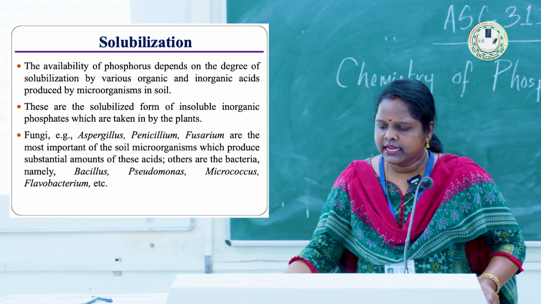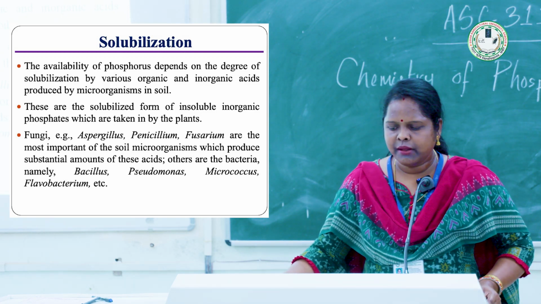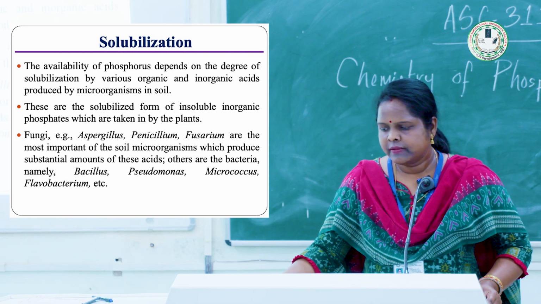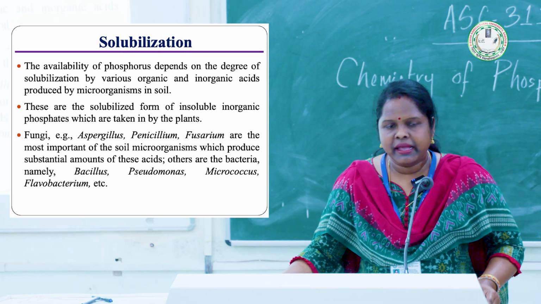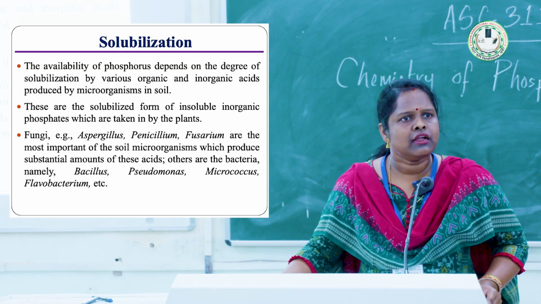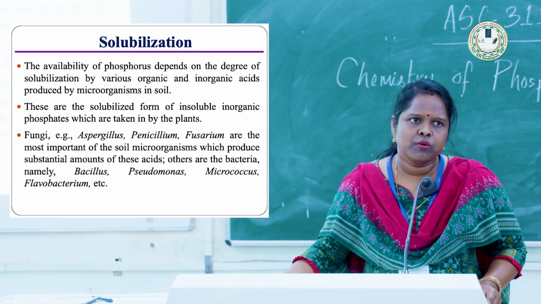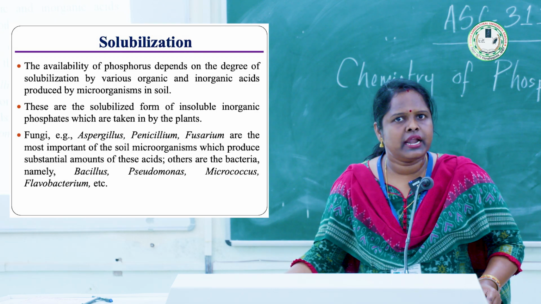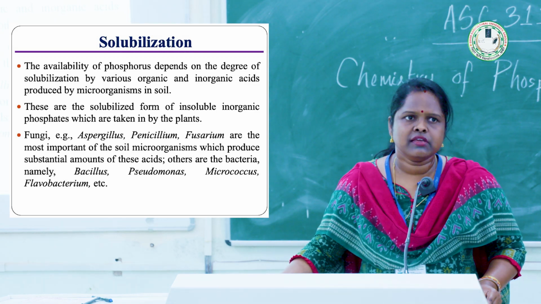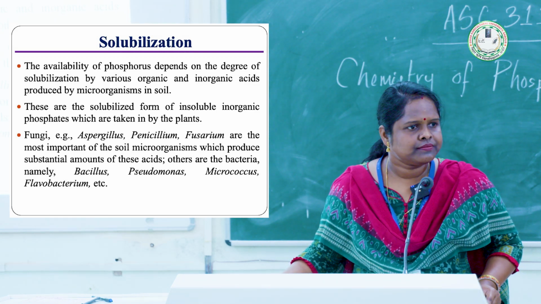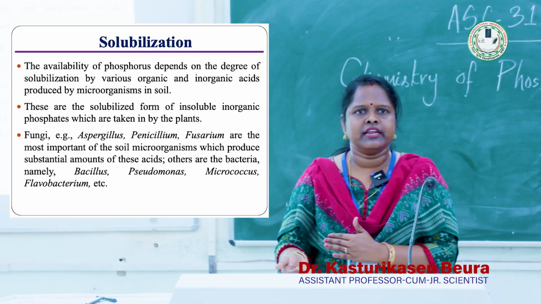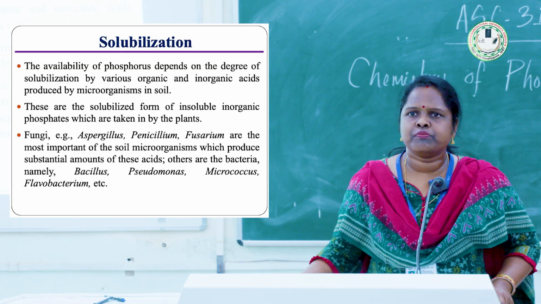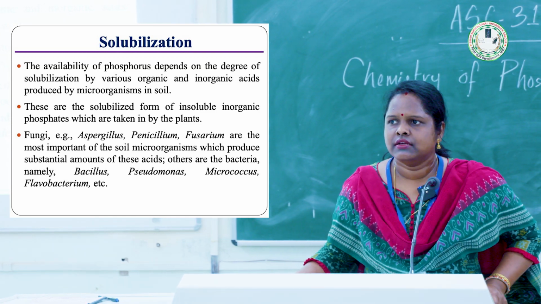And in case of bacteria, namely Bacillus, Pseudomonas, Micrococcus and Flavobacterium. These Bacillus and Pseudomonas are commonly used for phosphorus solubilization, and they can be called phosphorus solubilizing bacteria. Clear? Along with the phosphorus solubilizing microorganisms, there are also some phosphorus mobilizers.